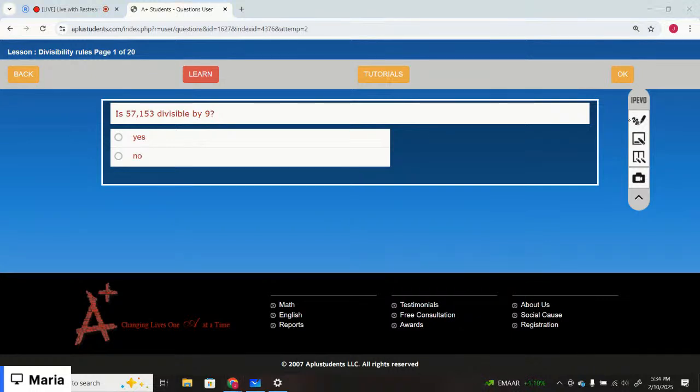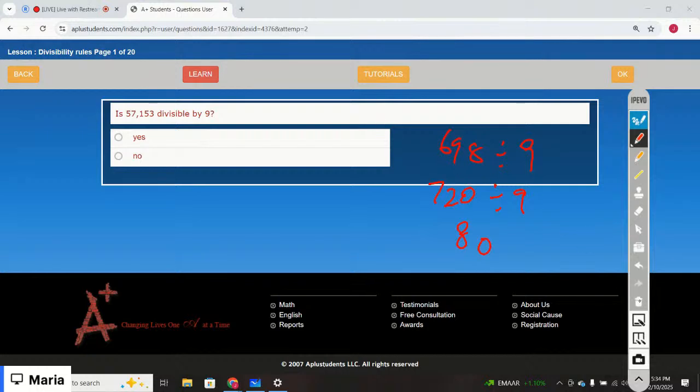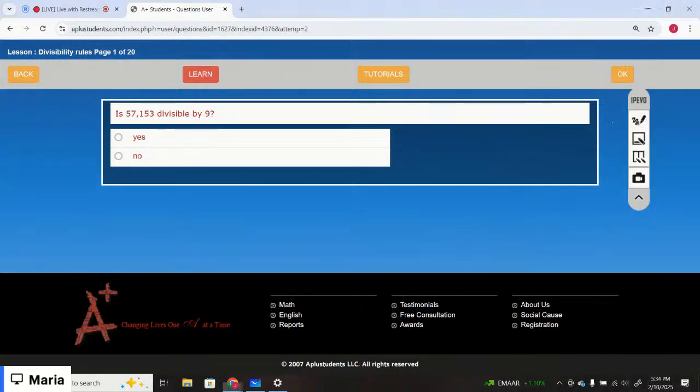So let's just add them: 5 plus 7 plus 1 plus 5 plus 3, that is 10, 20, 21. 21 is divisible by 9? No, 21 is not divisible by 9. So the number is not divisible by 9. Option number 2 is the correct option.